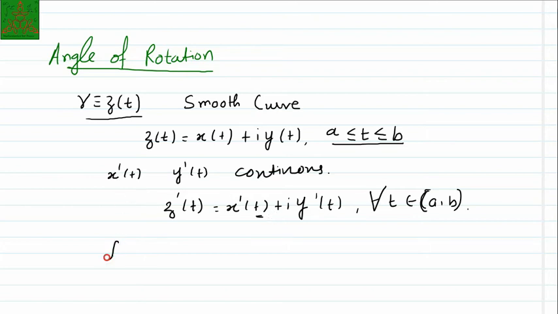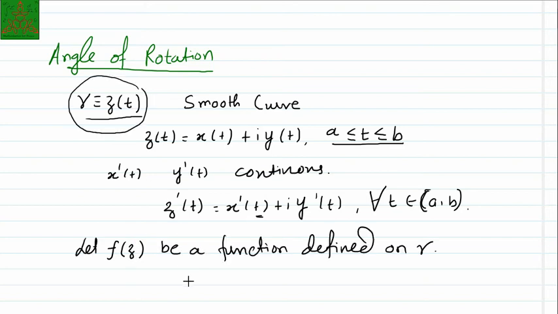Now let us say f of z is a function defined on this gamma curve, and w equal to f of z equal to f of z of t, where t is between a and b. Now suppose that gamma passes through the point z0.